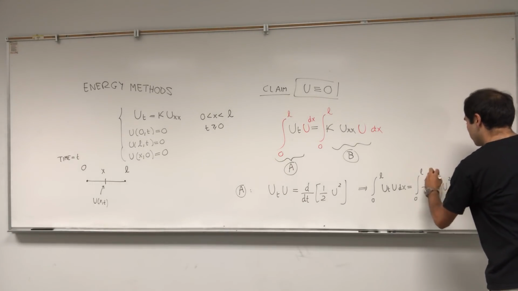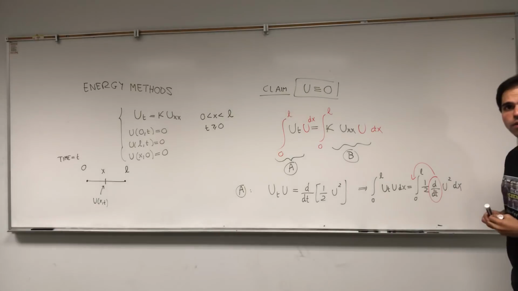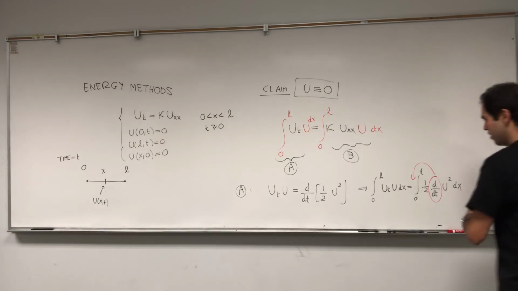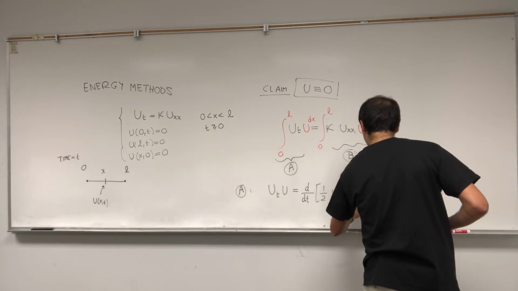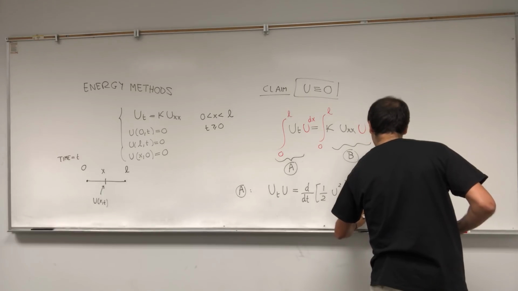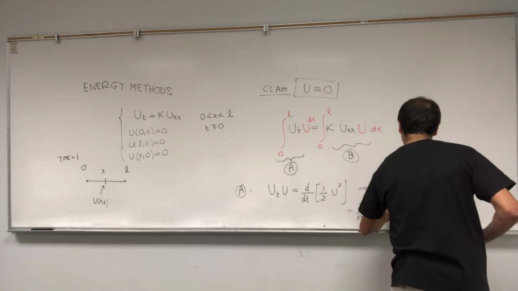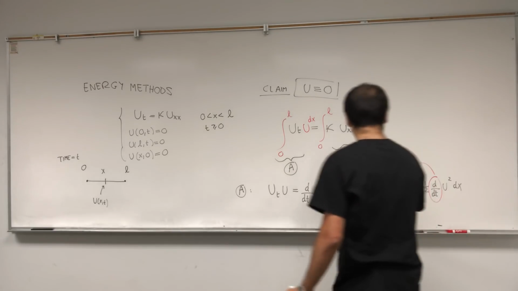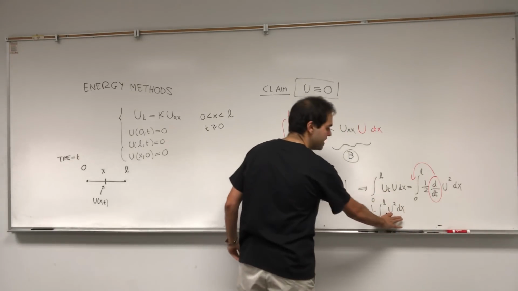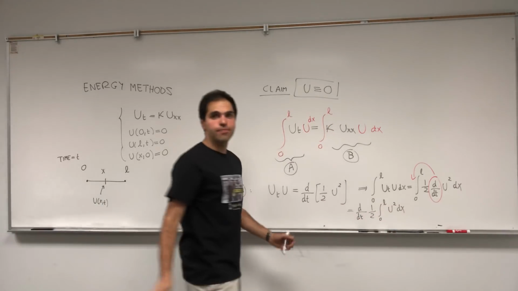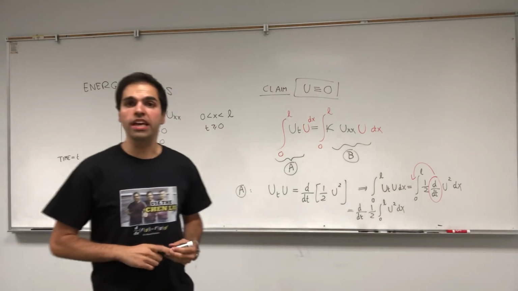So we just pull this out, and we get d/dt of 1/2 times the integral from 0 to L of u squared dx. And this is, by the way, called the energy. So it's basically how powerful u is.